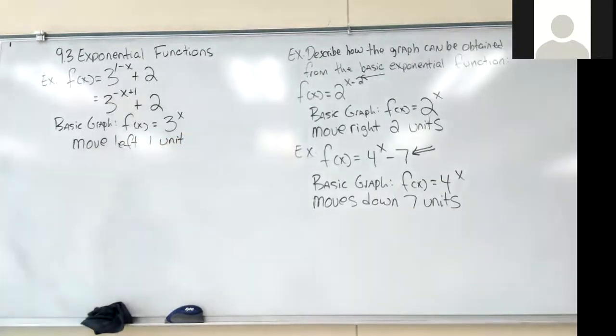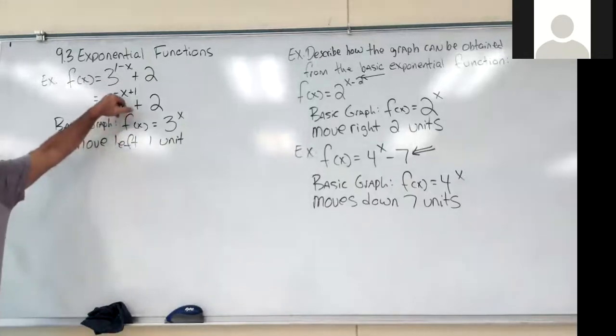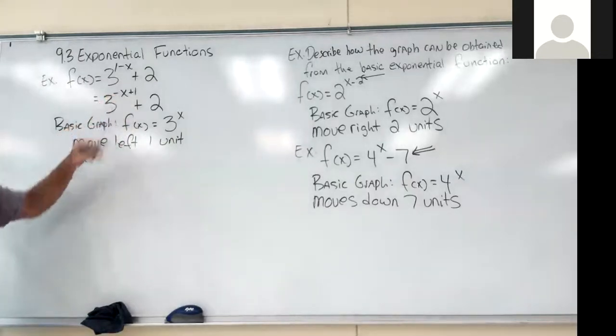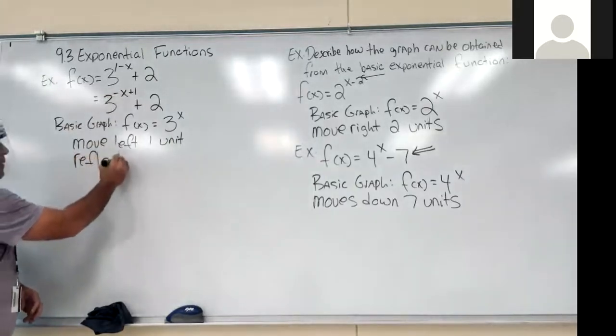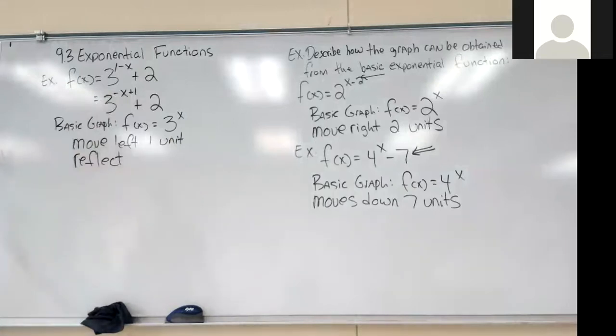You've got 2, 4, 6 moves that could be, or combinations. What's that negative doing? That negative x is going to reflect across one of those 2 axes. You're saying the y-axis?